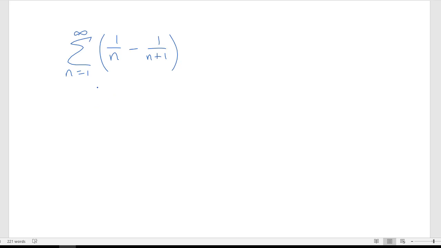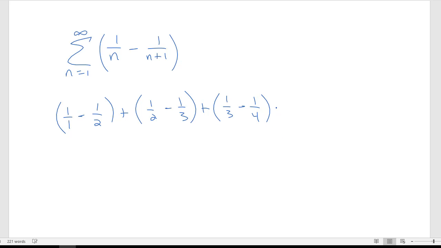If I plug in n equals 1, I get 1/1 minus 1/2, technically the first term of my series. When I plug in n equals 2, I get 1/2 minus 1/3. Then n equals 3 gives 1/3 minus 1/4, and n equals 4, and so on and so forth.